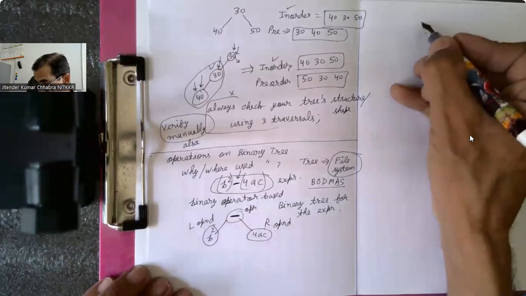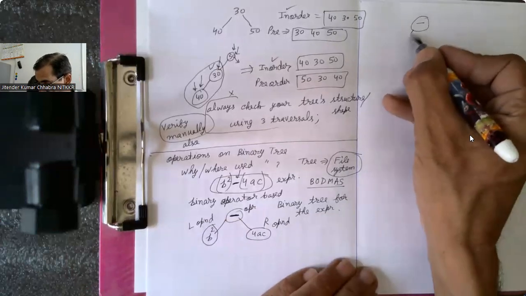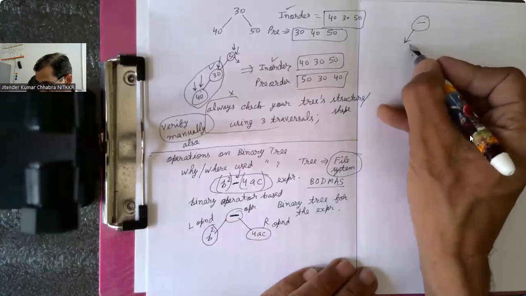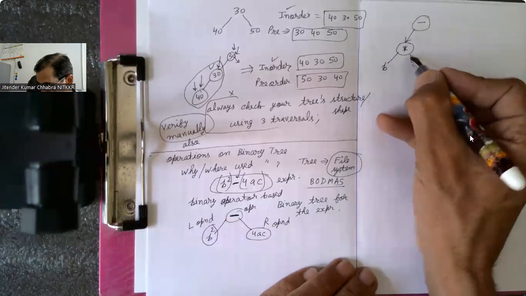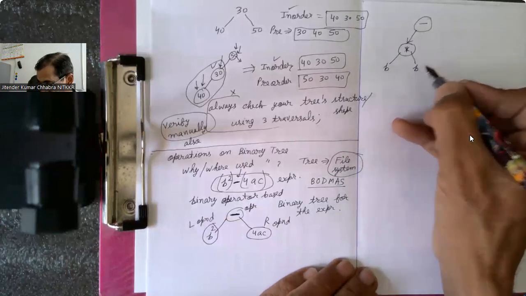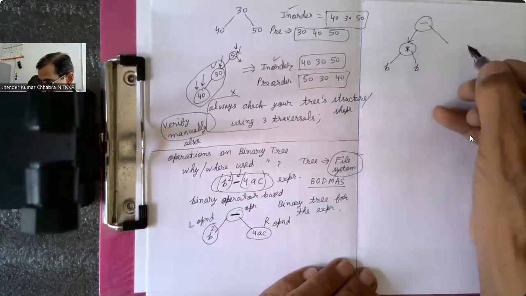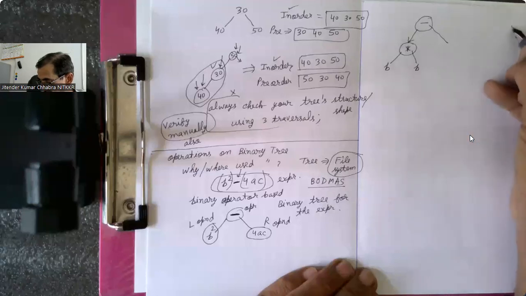That will indirectly mean b square also has the same definition applied recursively. It will mean star coming in between, b becoming one operand, b becoming another operand. 4ac. 4ac means 4 star a star c.